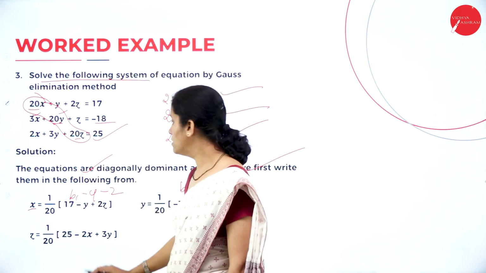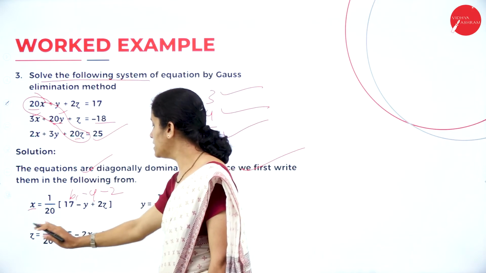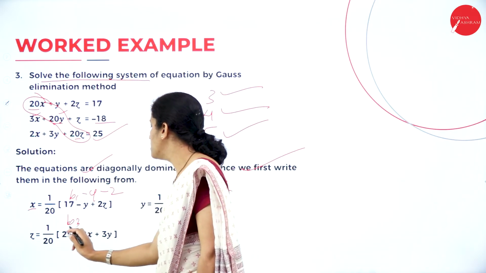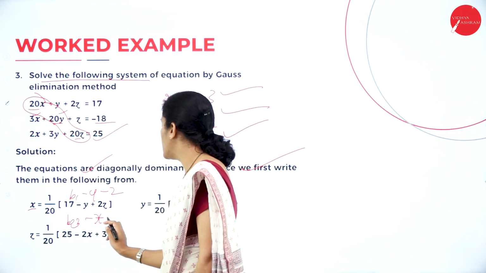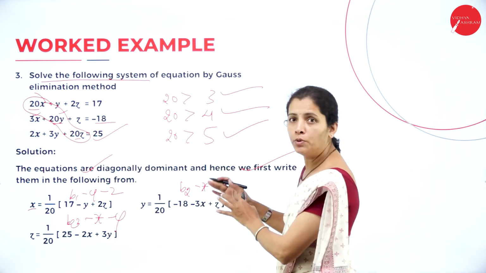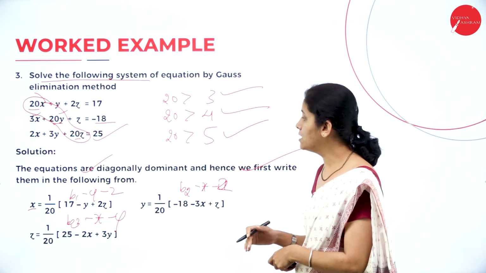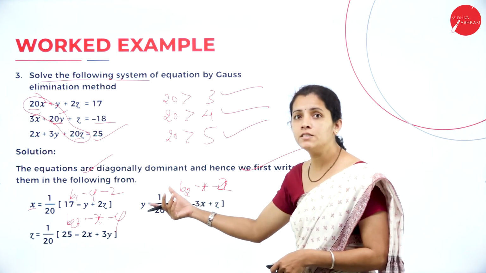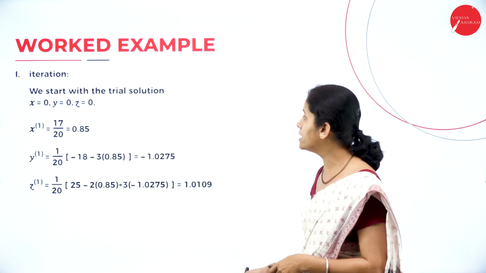Now for z, it is b3 minus x minus y. So dear student, this is the input to the next iteration. That means I am going to consider this form in my next iteration.